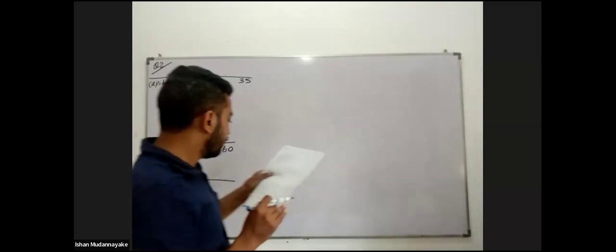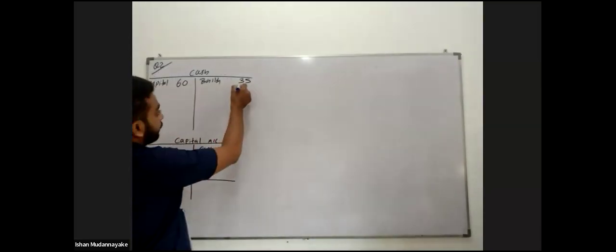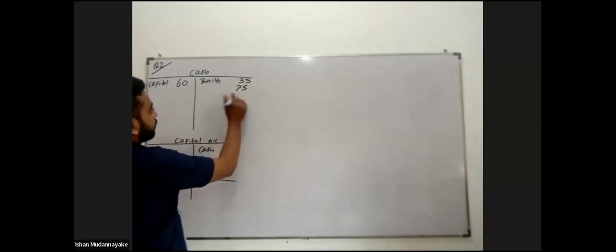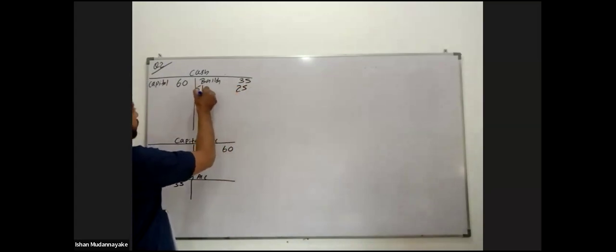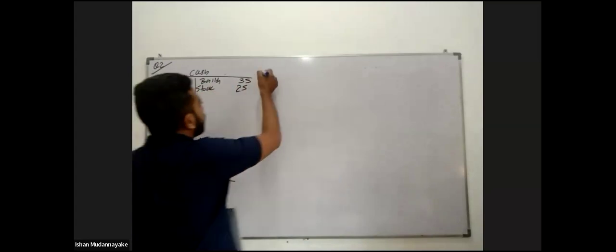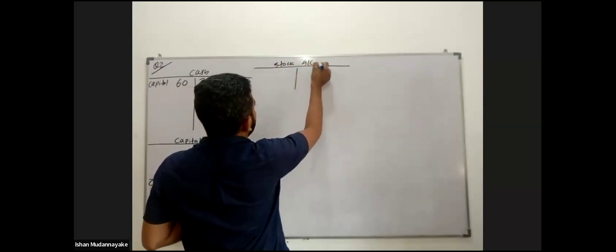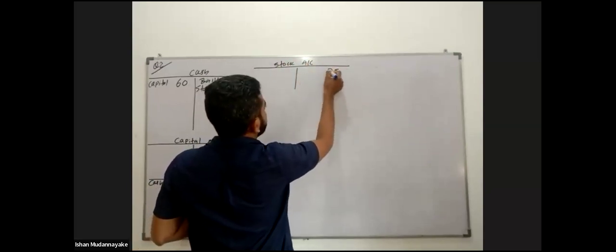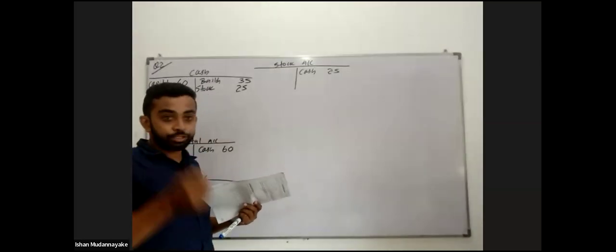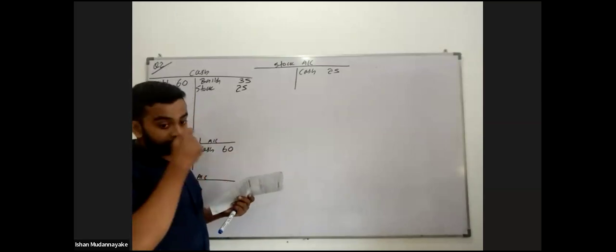So then students, cash book credit 25,000, stock account debit 25,000. To get answers quickly in the first paper, we prepare a stock account.